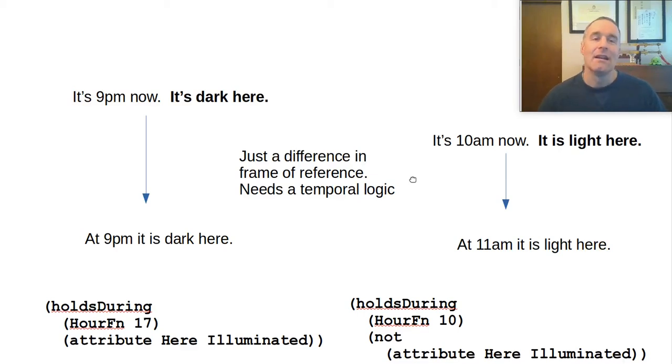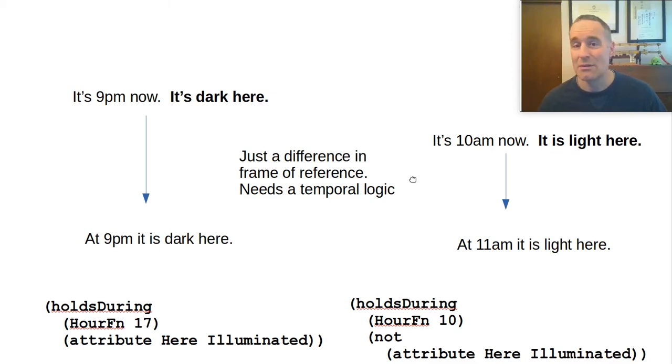So here's a case that's a little bit more problematic. Let's say we have two sets of statements. Each is a pair. It's 9 p.m. now, and it's dark here. Another statement, it's 10 a.m. now, and it's light here. Now, if we were to take a naive encoding of these, encode each of these very, very short sentences in logic, then we'd have one statement saying it's dark here, another saying it's light here.